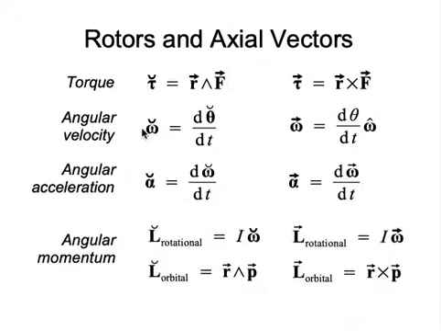Rotor omega is the time derivative of the angular displacement, whereas the vector omega is d theta dt in the direction of the angular velocity determined by the right-hand rule. The angular acceleration in both cases is just d omega dt, and as we saw, the angular momentum is I omega and r angle p, or r cross p.